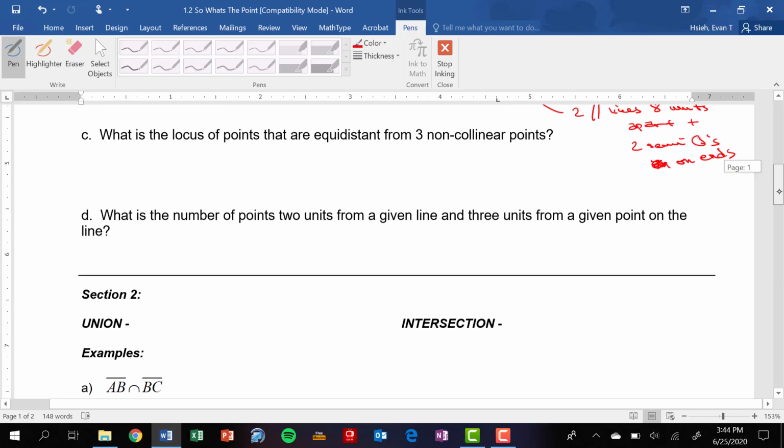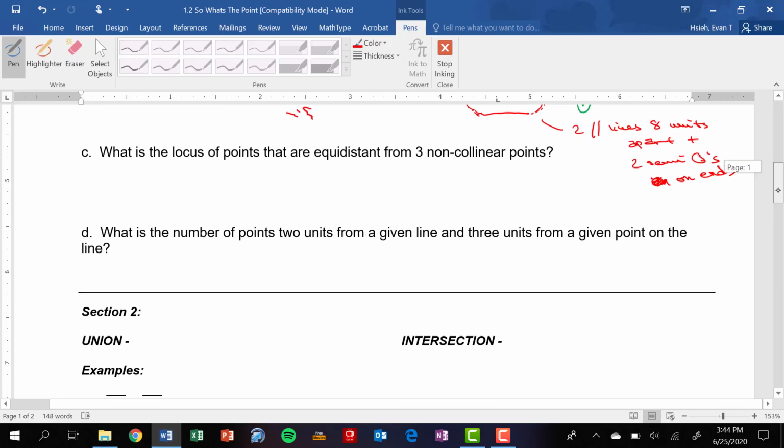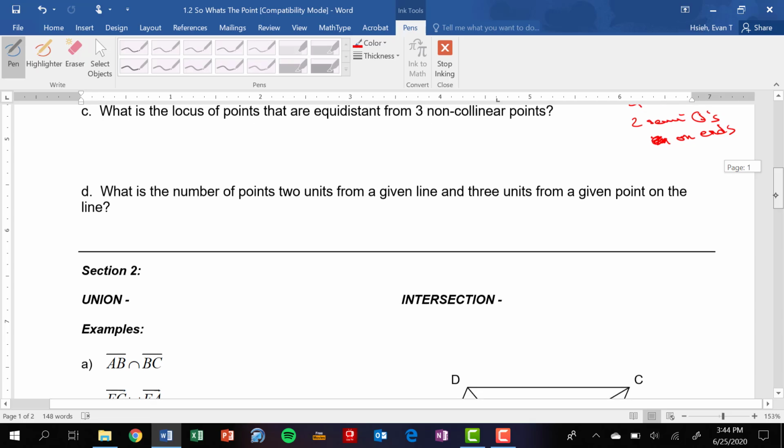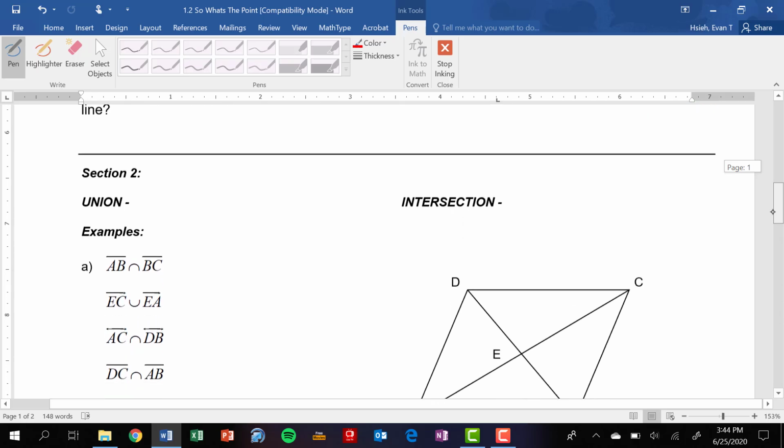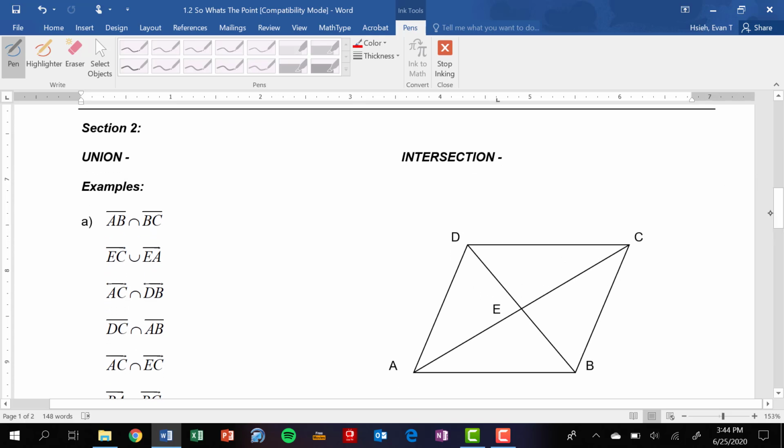So next thing is, let's talk about intersection and union. Okay. Union is basically when you take all the points and combine the points together.